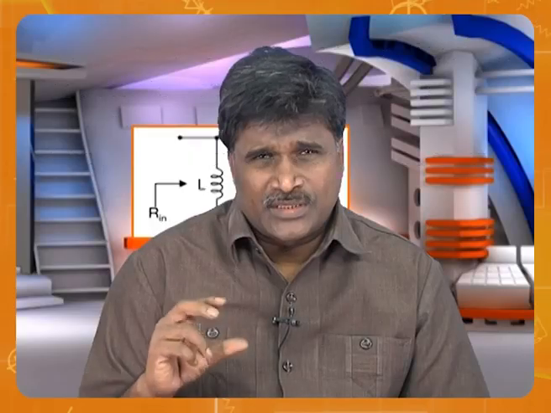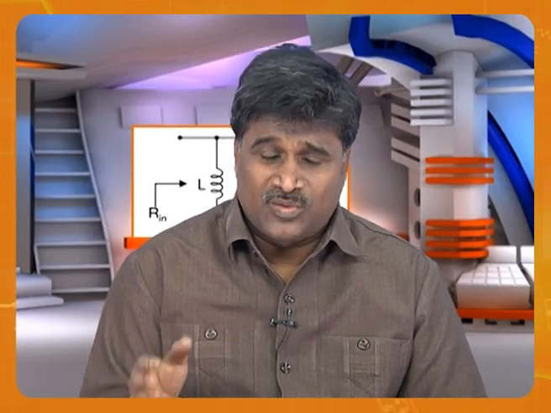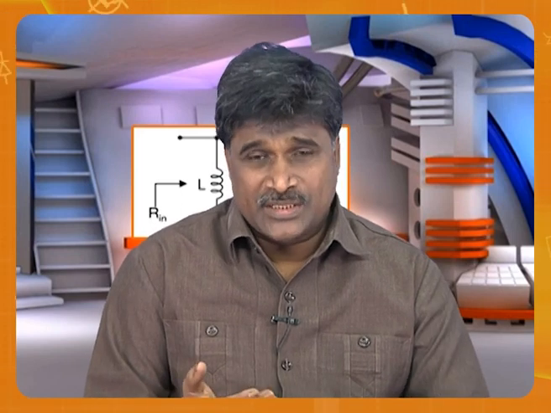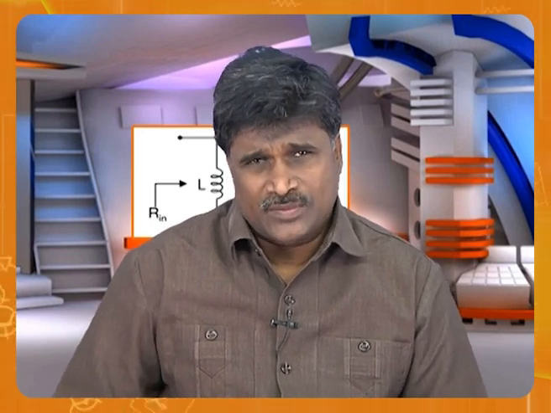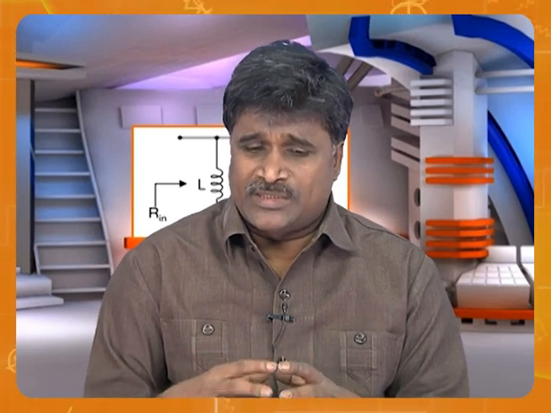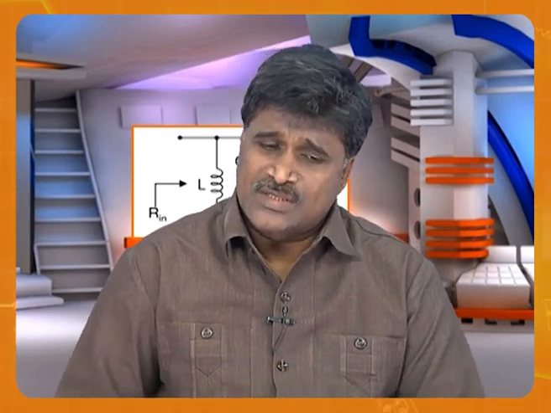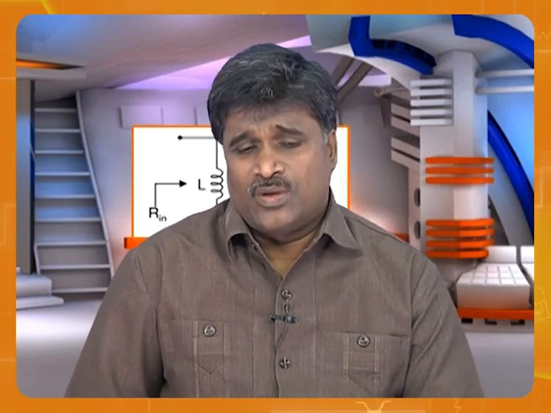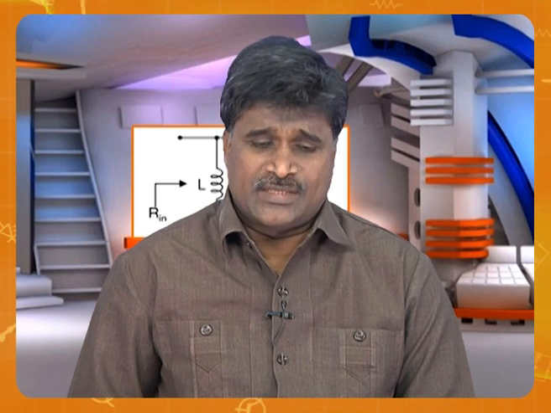The more important thing today is that you need to understand what is happening to the inductor and capacitor: what happens to the inductor when it is alone, when it is shorted, and when it is together with the capacitor. So we will see the individual things and also what happens in different situations.